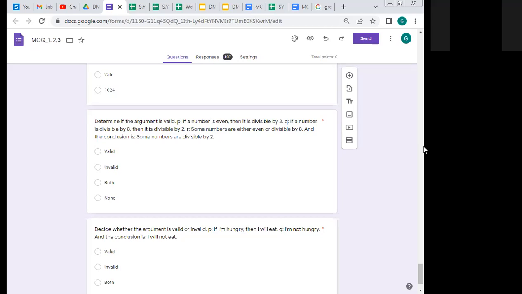And R is, some numbers are either even or divisible by 8, meaning A or C. So we have three statements: A implies B, C implies B, and A or C. What we have to do in these cases is either go for a truth table or go for the rules of inference.